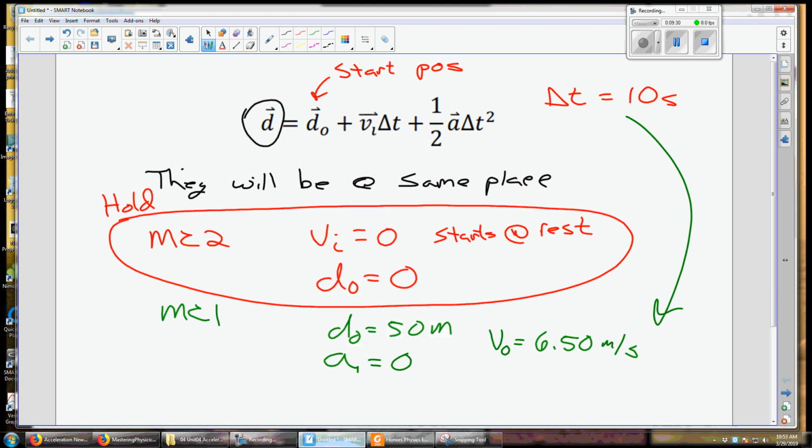I know V initial, 6.5. I know time, 10. I know the acceleration, 0. I know time is 10. Square it. So I can now solve and find out, hey, D is this. And let's see, meters per second, seconds, so that's going to be in meters.